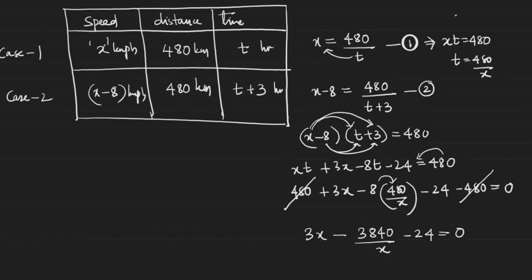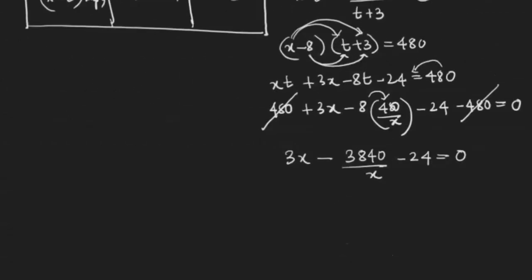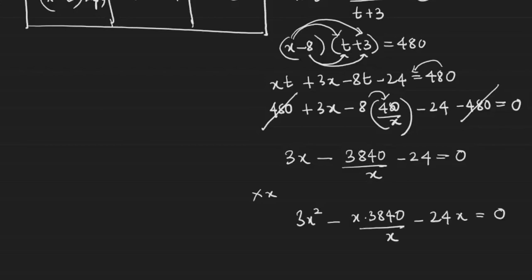So we have very little more to do. Let's multiply throughout the equation by x and see what happens. 3x into x will become 3x square. x into 3840 divided by x, minus 24x equals 0. x gets cancelled.